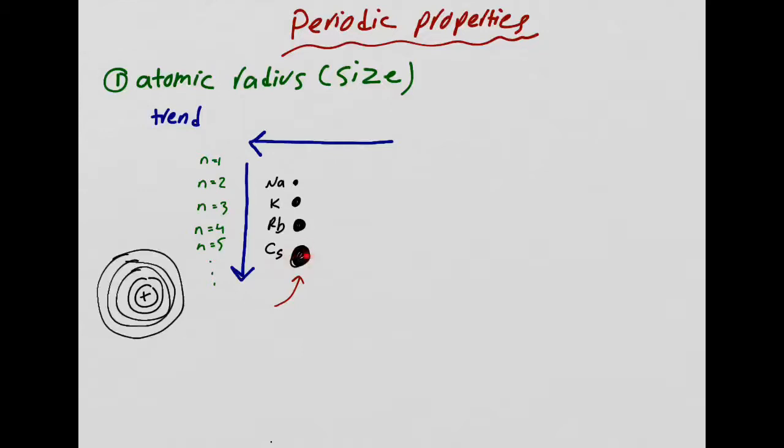When the atom is bigger, the valence electron are far away from the nucleus. When you're far away from the nucleus, you can play around. So which one do you think is more reactive? Yeah, cesium has more reactivity because the valence electron can't really feel the plus charge anymore and they can play around.